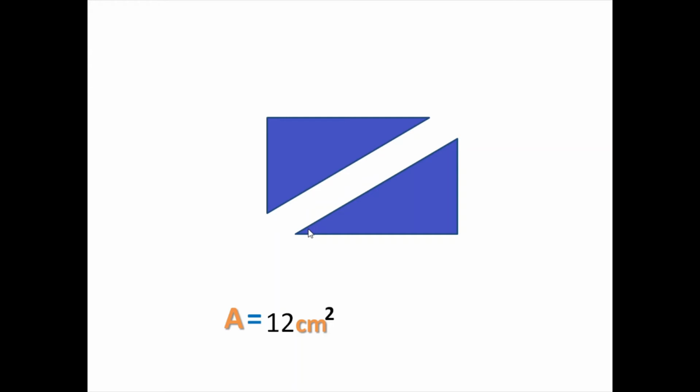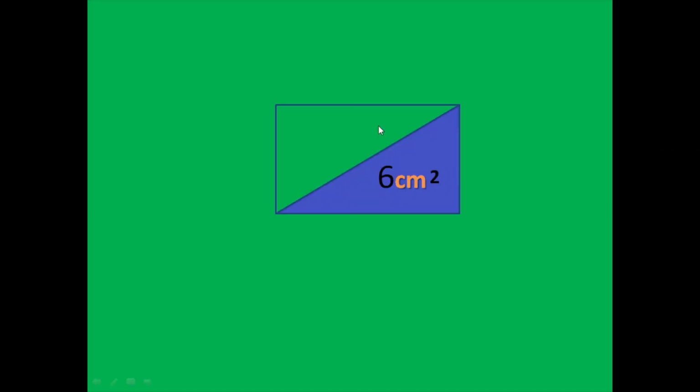And the area of the rectangle is 12 centimeters squared. So the area of this triangle must be 6 centimeters squared, and the other one must be 6 centimeters squared, because 6 centimeters squared plus 6 centimeters squared equals 12 centimeters squared. So the formula for the area of a triangle should just be half the rectangle.